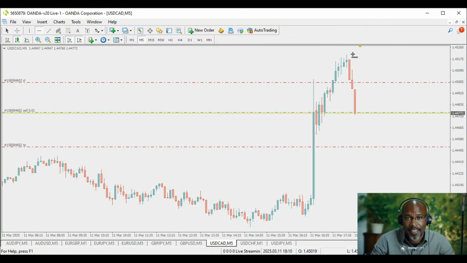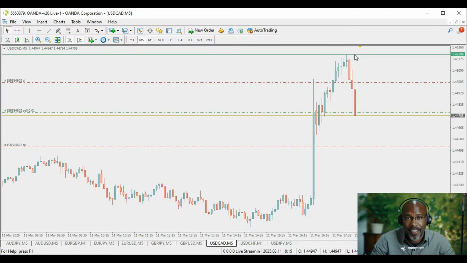But price action has been rejected at the top of the 8-hour price range. It has fallen below 20-minute support. So let's see if it continues on this southbound trajectory for a while.